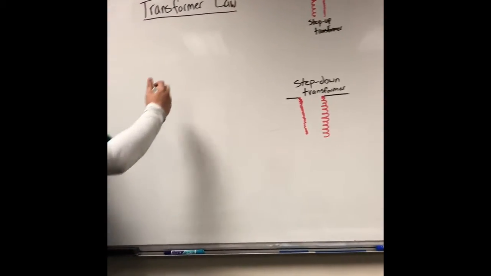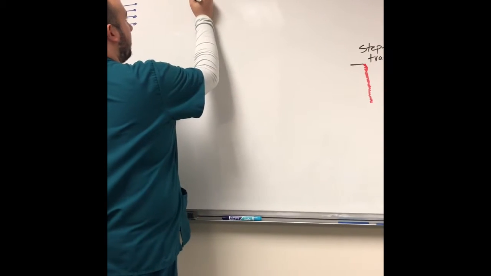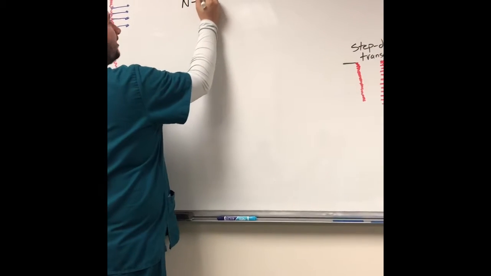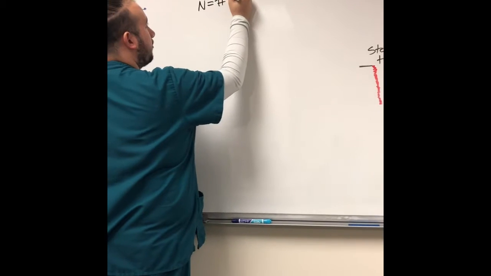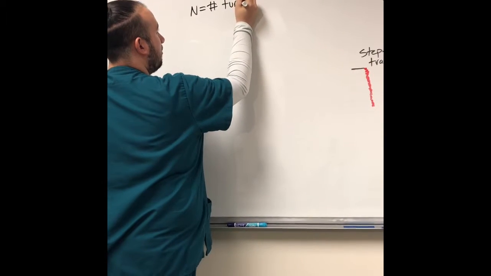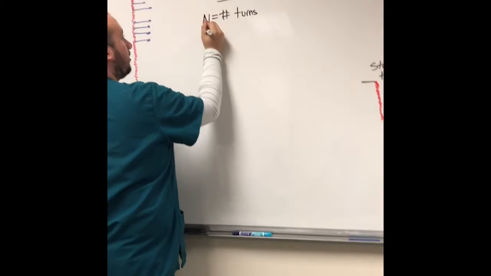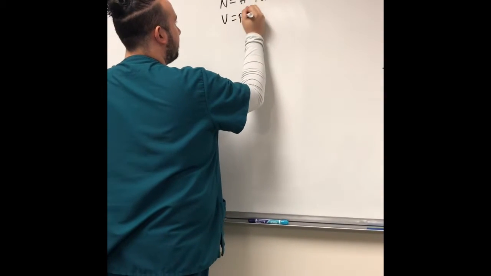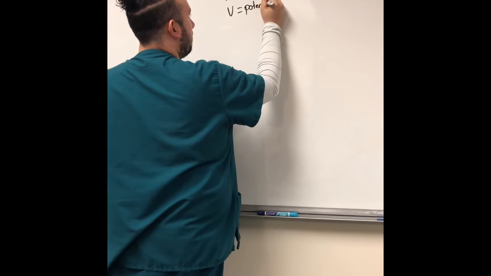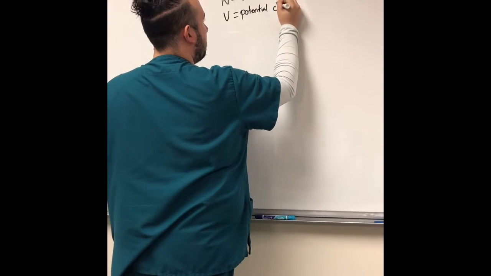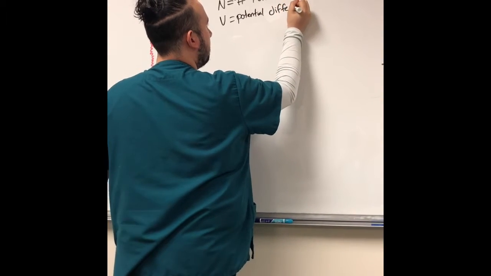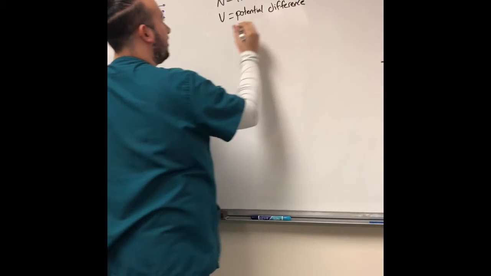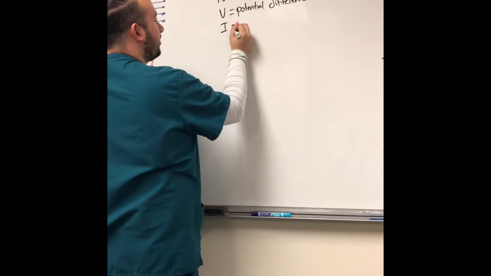So the transformer law: N is the number of turns in a coil. We have V, which is equal to the potential difference. And then we have I, which equals current.